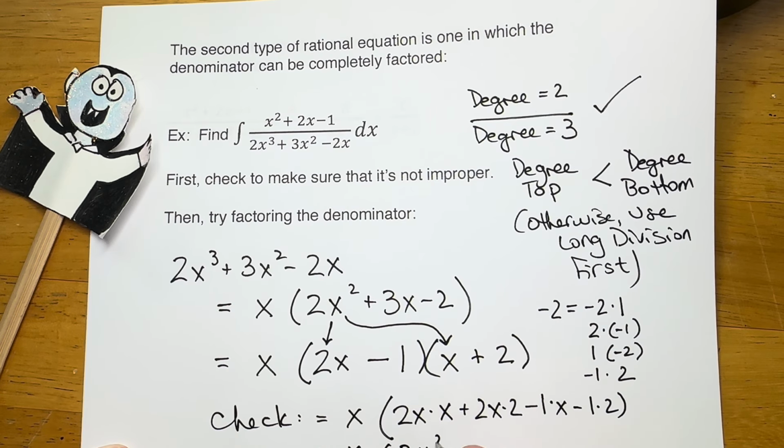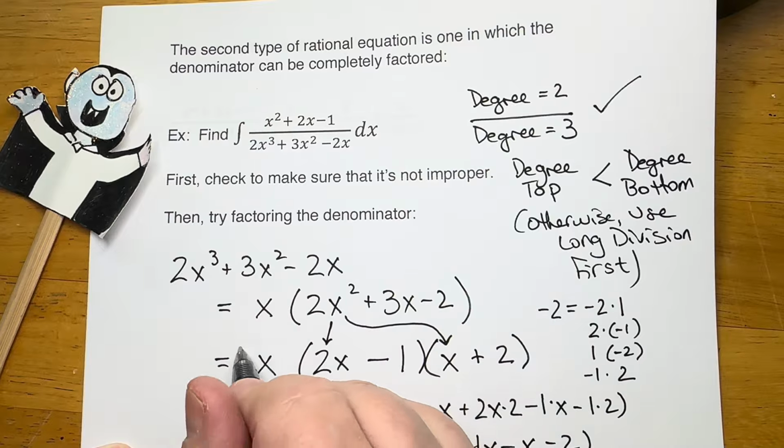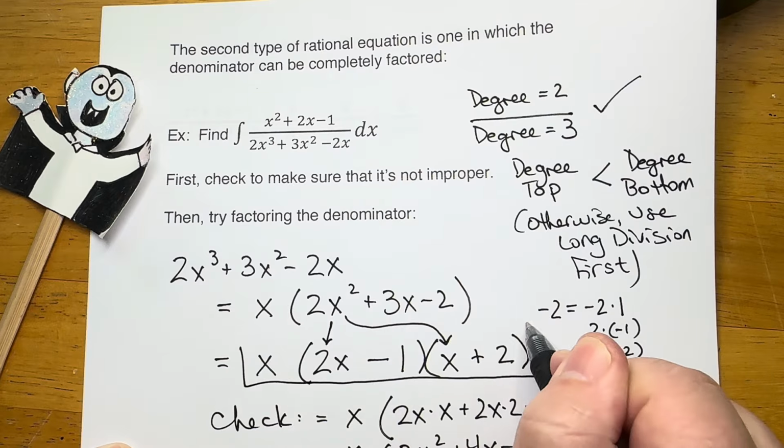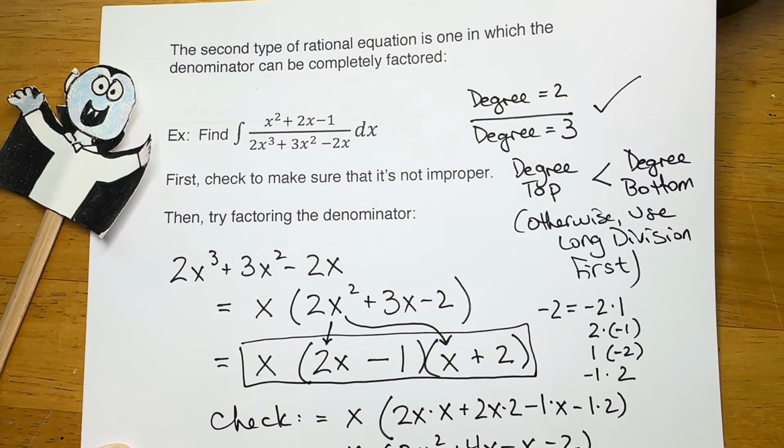That's going to be 2x squared plus 4x minus 2. That's x times 2x squared plus 3x minus 2. I got it. Yay, yay, yay. So, in fact, this is the factorization. Okay, so it's factored. Woohoo!